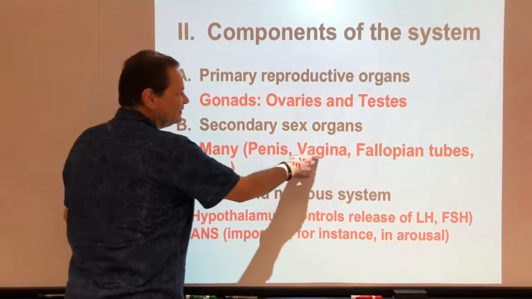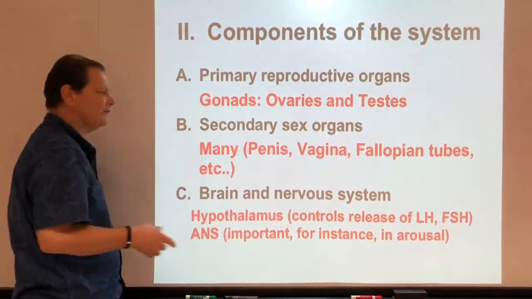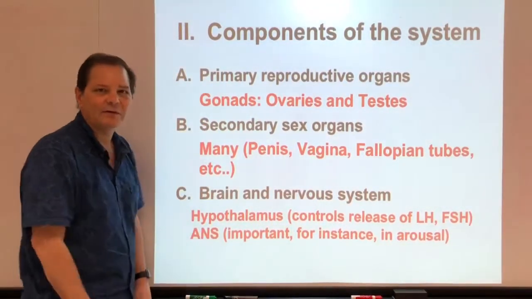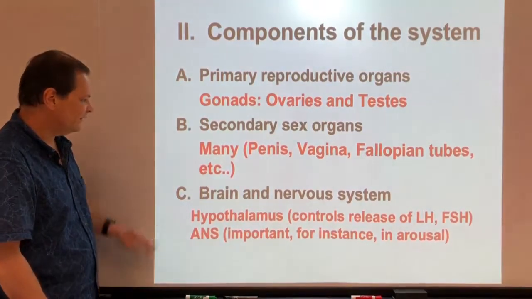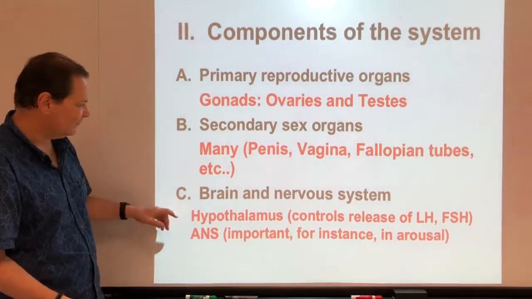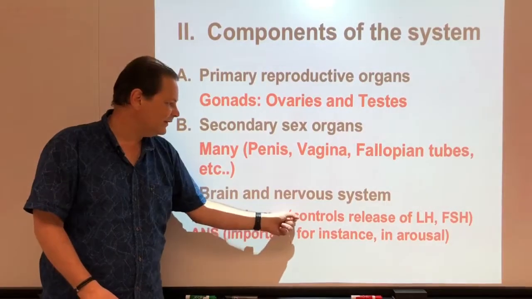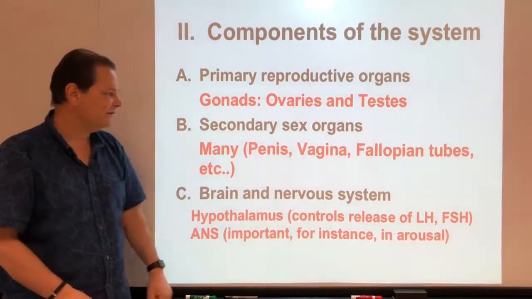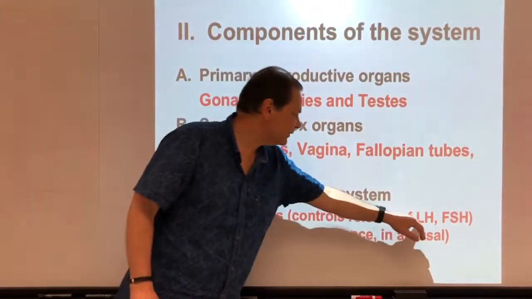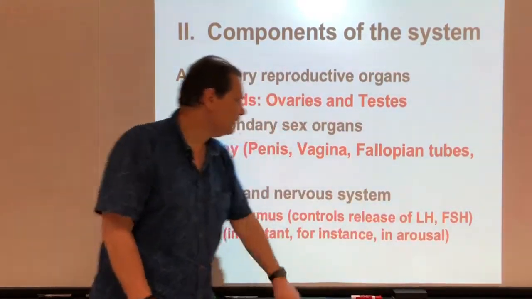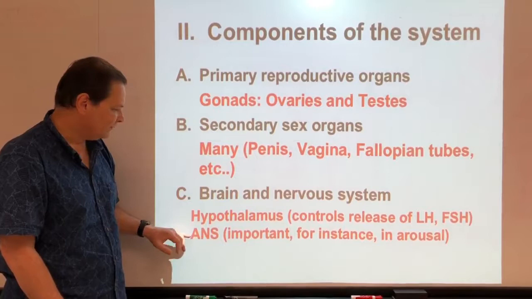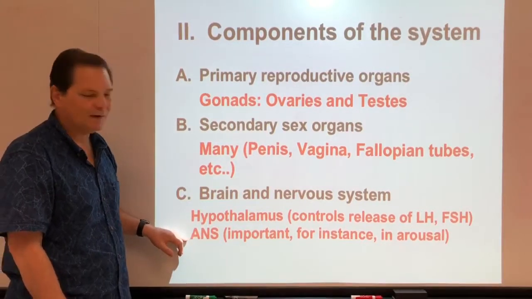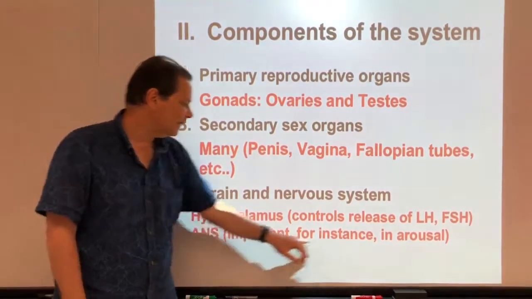We have the penis, the vagina, the fallopian tubes, the cervix, et cetera. These are the secondary sex organs. And then you have your brain and your nervous system. The hypothalamus is involved in the endocrine function and controls the release of your gonadotropins, luteinizing hormone and follicle-stimulating hormone, and you have your autonomic nervous system involved in reproduction. We won't talk a lot about that, but it's involved in things like arousal.